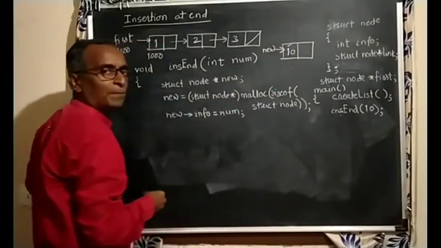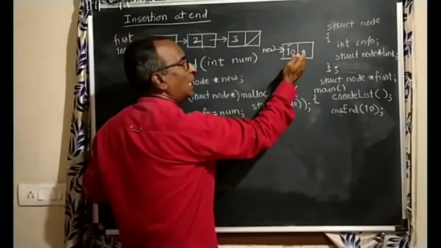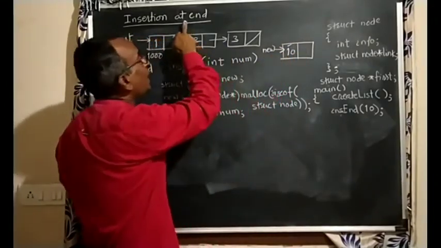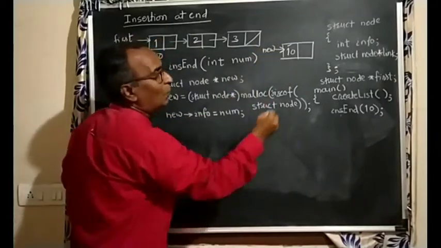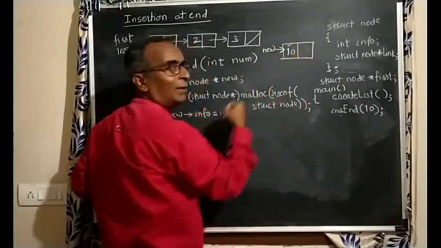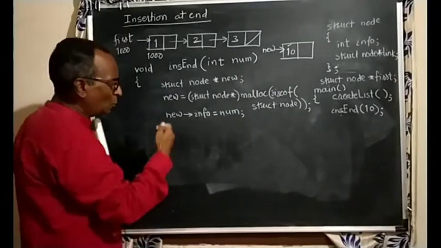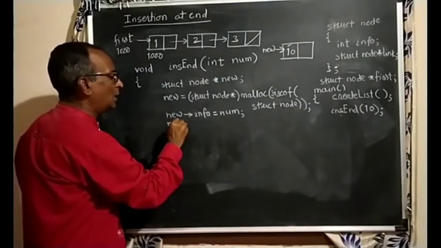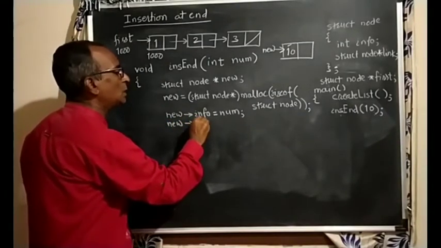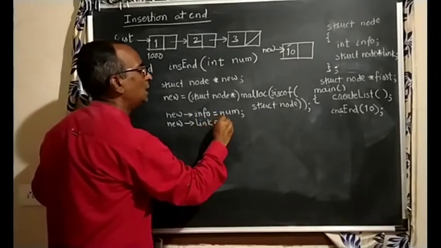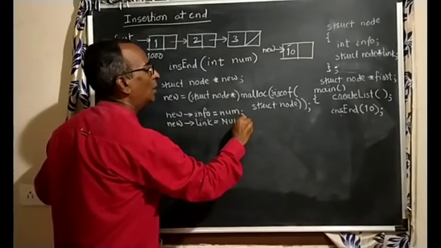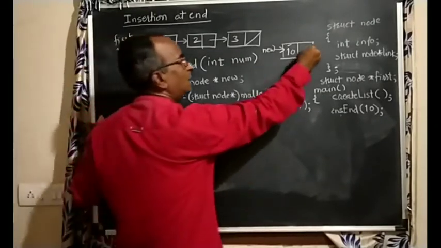This is over. As always, we are adding this node at the end. What will always be the link field? Always that will be null. So set that first. New's link field is given null. So this is set.